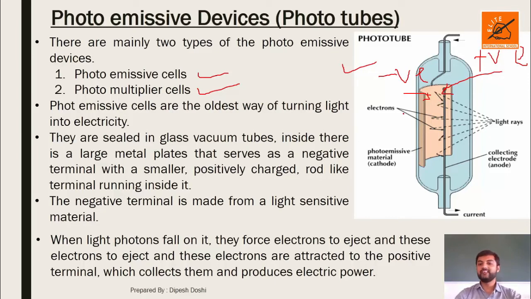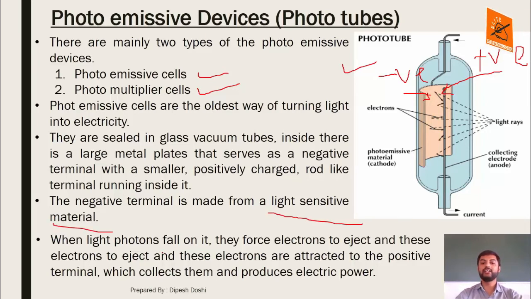Now this negative terminal is light sensitive material. Whenever you make light incident on it, it starts releasing electrons. Clear? Whatever material releases electrons whenever light is incident on it is called light sensitive material.